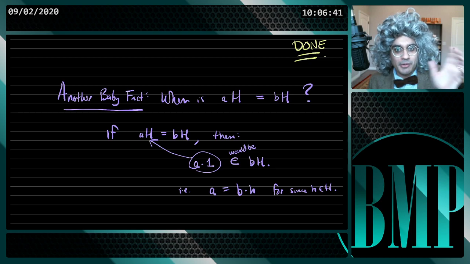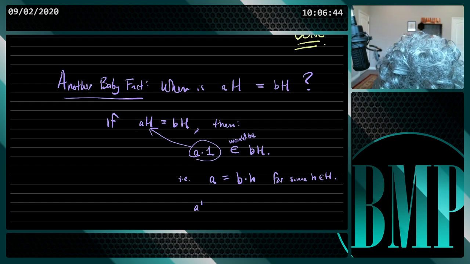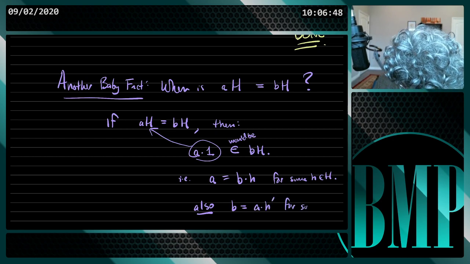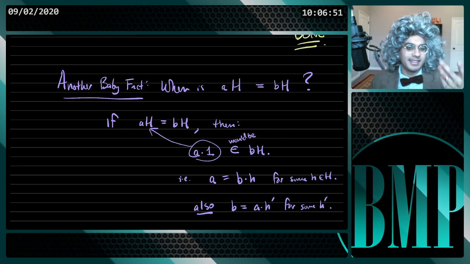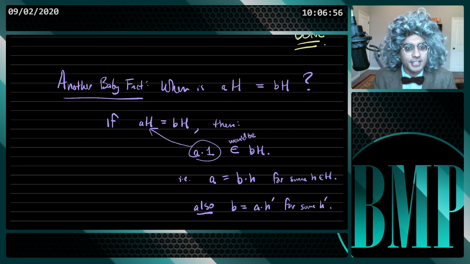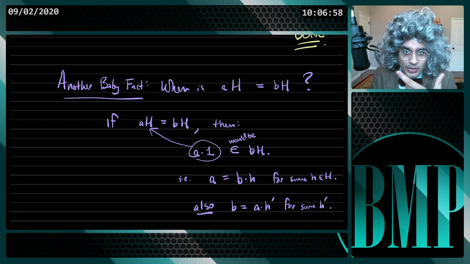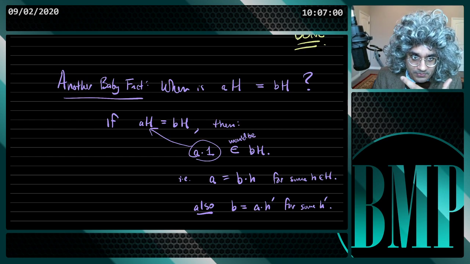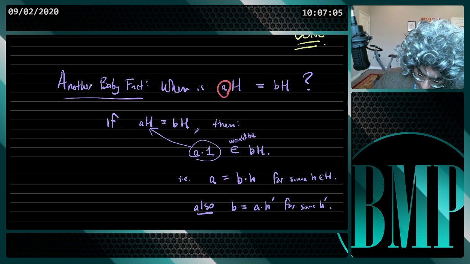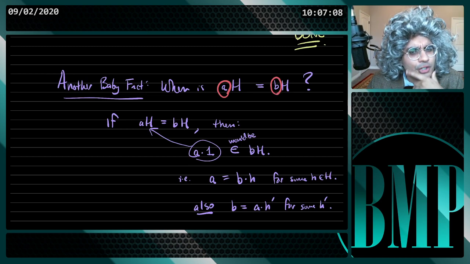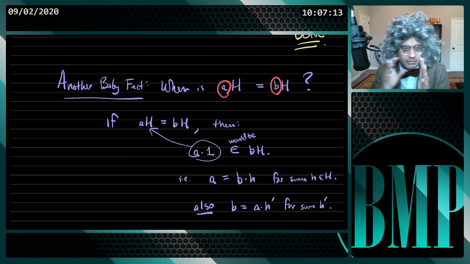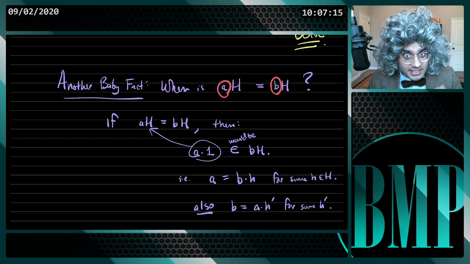So that would have to happen. But the argument is symmetric. Also, B would be A times H prime for some H prime, namely, the inverse of H, actually. Okay? So that's how you can tell when you're looking at the same coset. The same coset might be written in two different ways with two different translators or shifters, shifting by A, shifting by B. But that might yield the same subset.